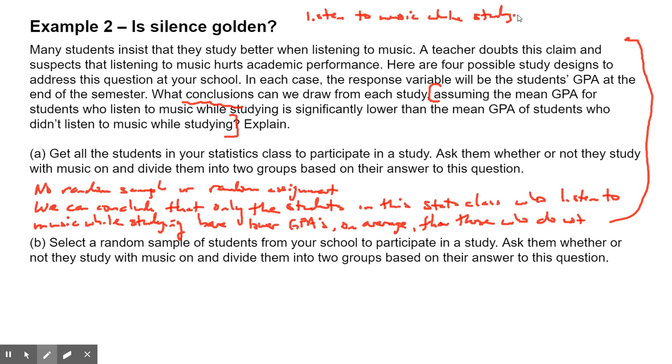So that's the population idea, the fact that we can't. It is just this stats class. We would like to do it to the whole student body, but we can't.